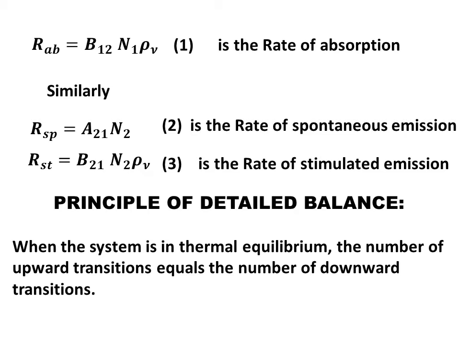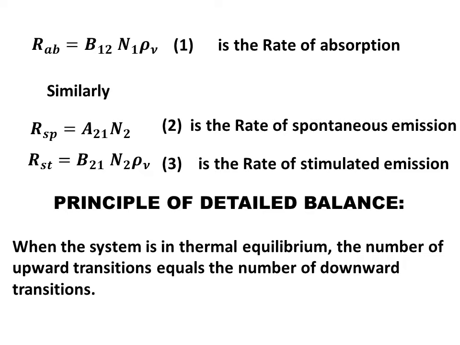That means whatever be the number of transitions, for example in the upward direction, that will be compensated by an equal number of downward transitions. Atoms which are lost from a particular level will be compensated by another transition of equal number, and that will result in a constant population in all the levels.